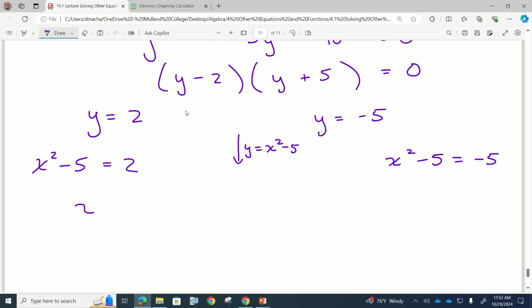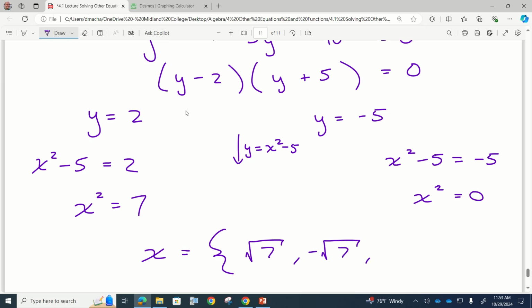Over here, x squared equals 7. Over here, x squared is equal to 0. So my solutions this time are square root of 7, negative square root of 7, and 0.